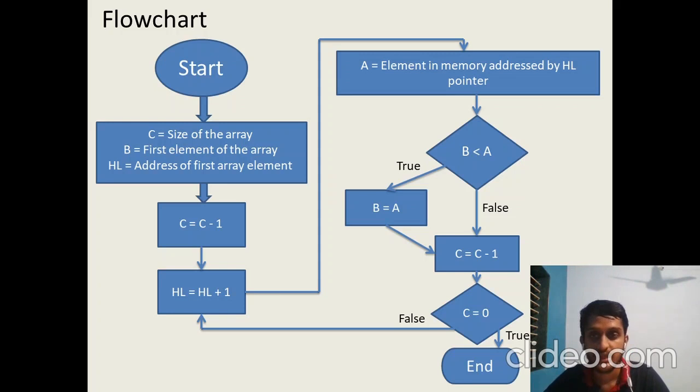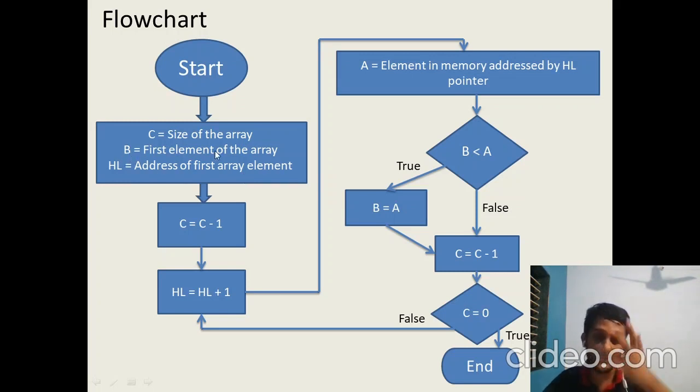At first we will start with the counter C storing the size of the array. Then we will point HL towards the first element of the array, and we would move that element to our register B.